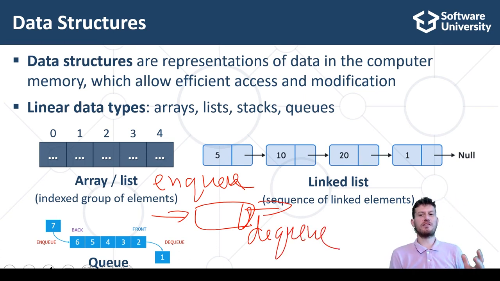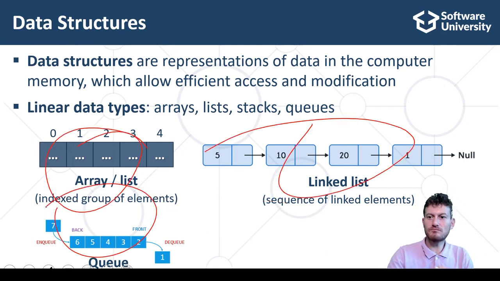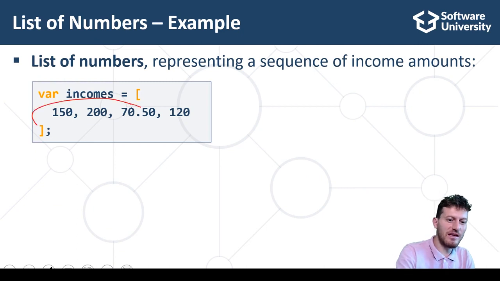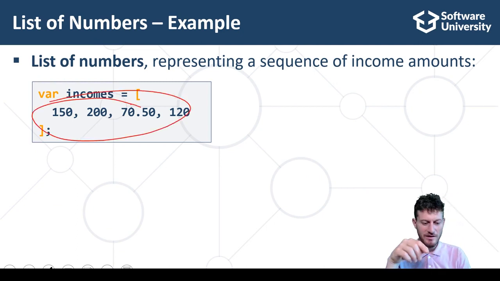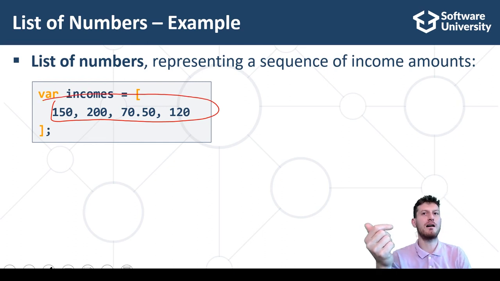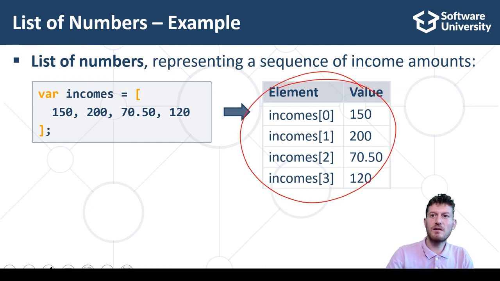We shall master the linear data structures in detail in the advanced programming modules of SoftUni. This is a simple example which illustrates the list data structure. We have a list of numbers representing a sequence of income amounts. This is how the list looks like in the memory.